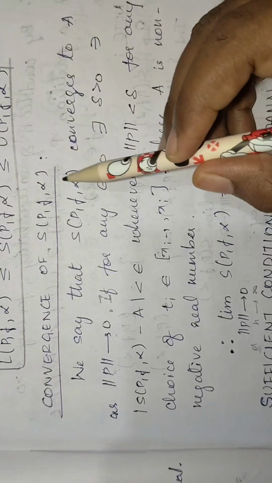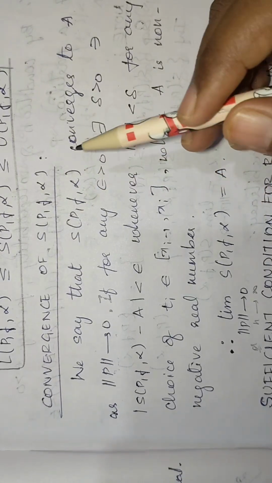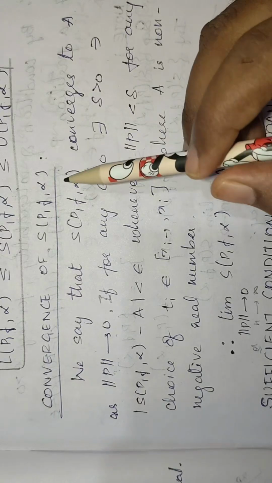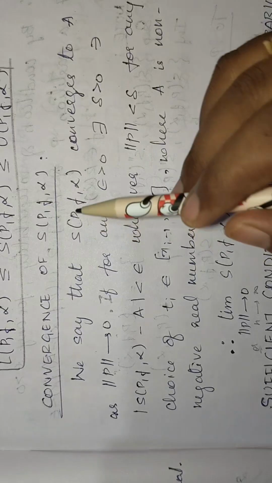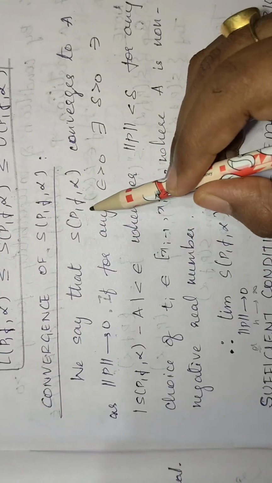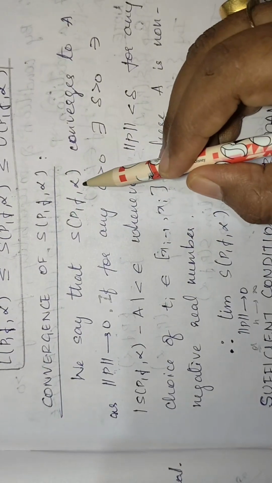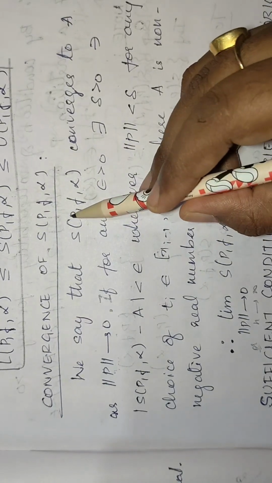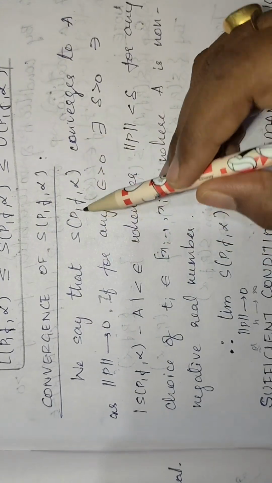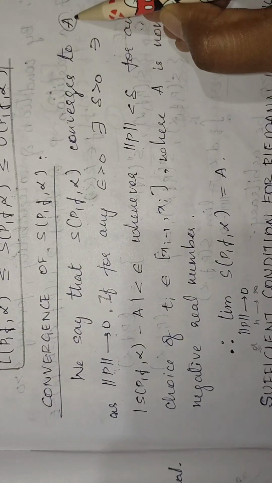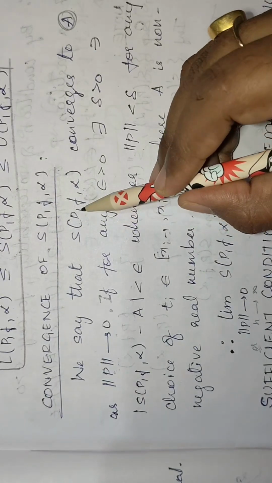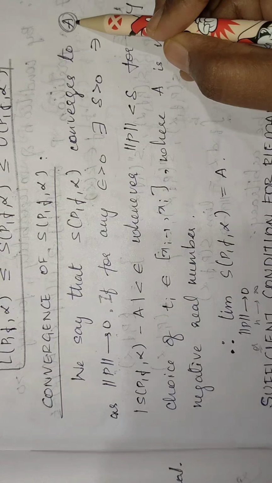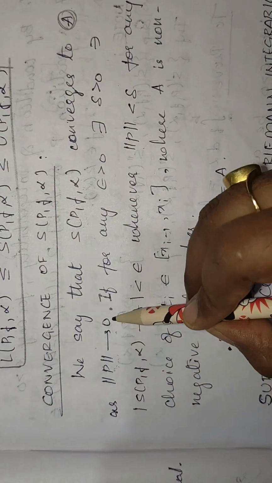If ti increases, obviously f of ti also increases, and when you sum all those things, f of ti into delta alpha i, summing from i equal to 1 to n, and still you are getting a finite number, then we say that S of p comma f comma alpha converges to A as norm p tends to 0.